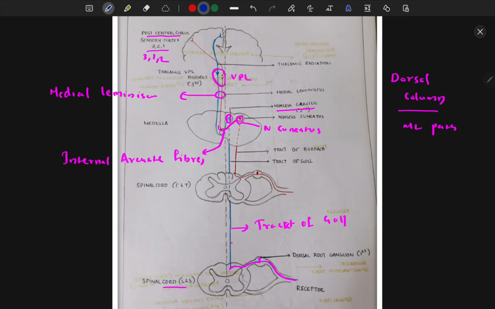The fibers coming from the upper side, that is the cervical and thoracic region, form the tract of Burdach. The lower limb sensations come through the tract of Goll and reach the nucleus gracilis, whereas the nucleus cuneatus has the upper limb sensations.